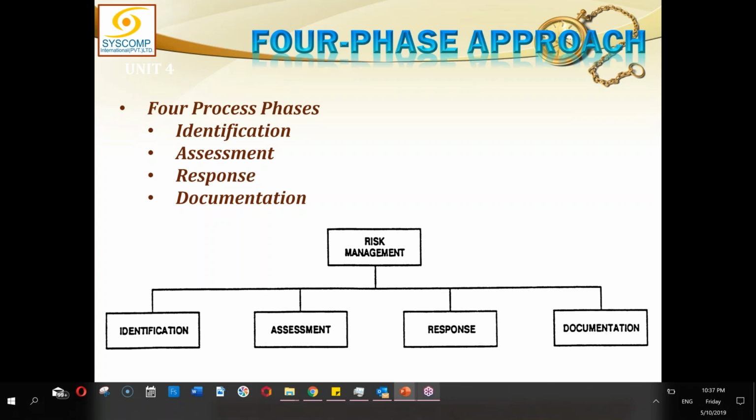Response is also divided into two parts: plan the risk responses and then implement the risk responses. And then we also monitor the risk. So there are a lot of similarities with whatever standard or book you follow about risk management. You have the basic concept about the risk and you can translate and tailor it according to your requirements.